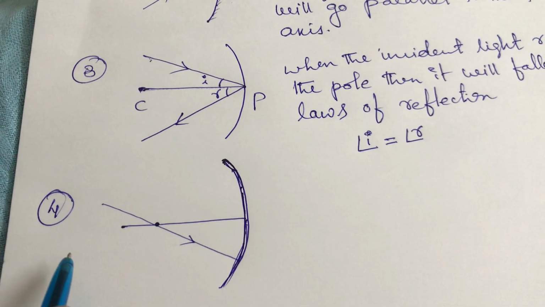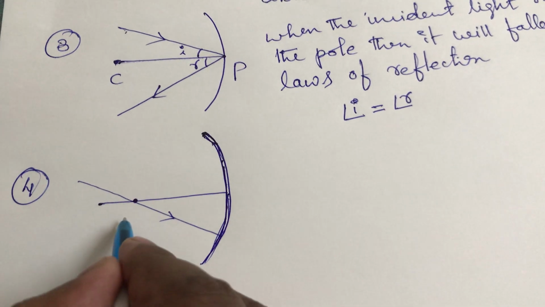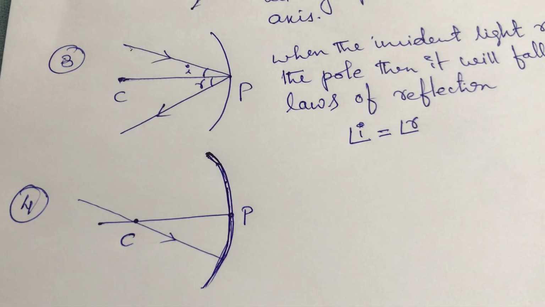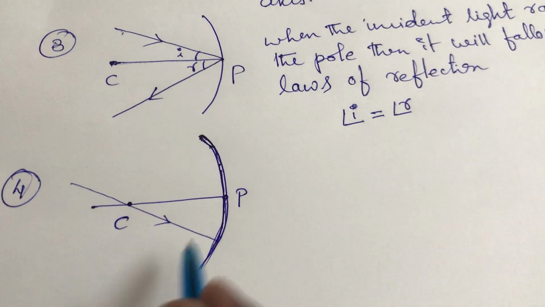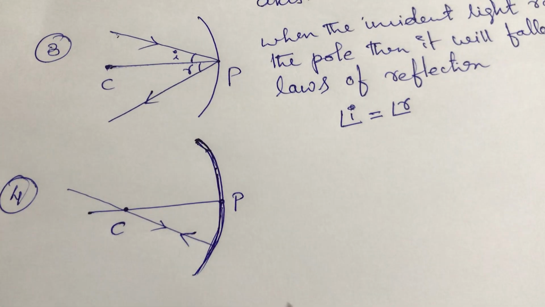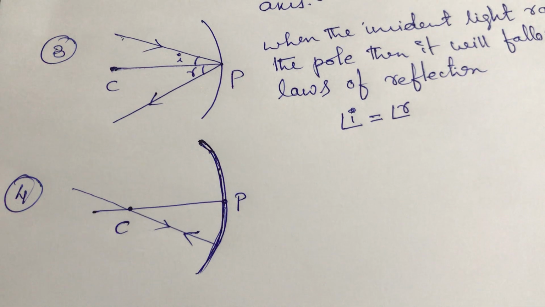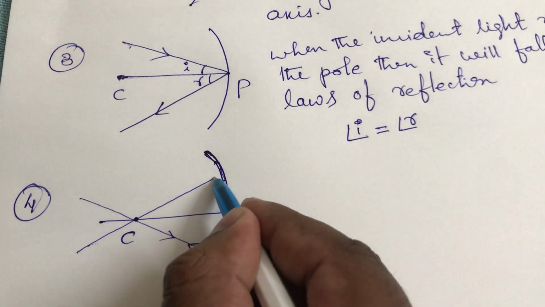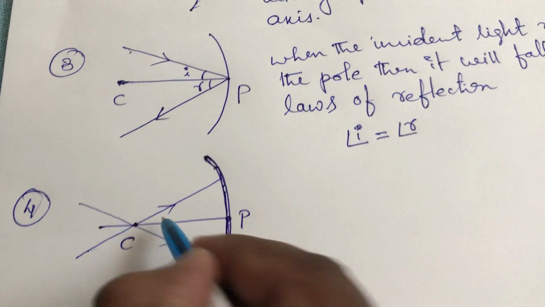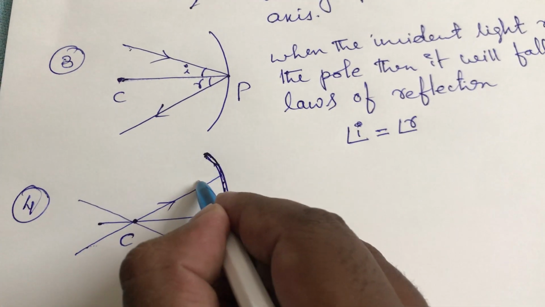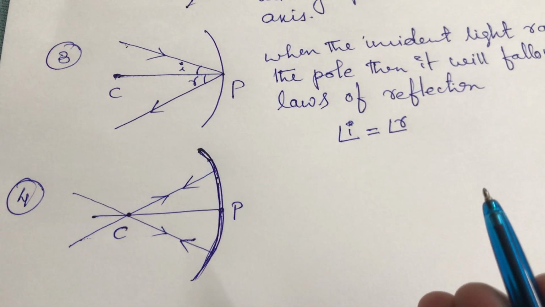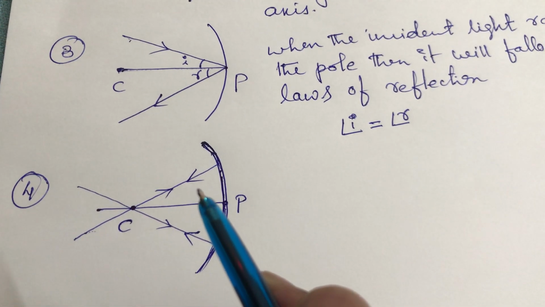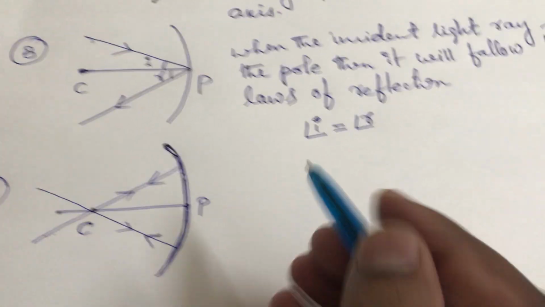This is the incident light ray. I'll call this C and this P. After reflection it will follow the same path. Let's try one more light ray, going via the center of curvature. After reflection it will follow the same path. I mean to say that it will go via the center of curvature only.